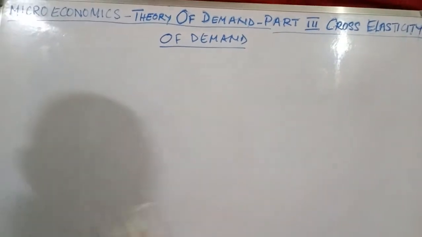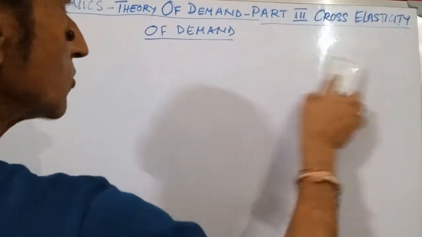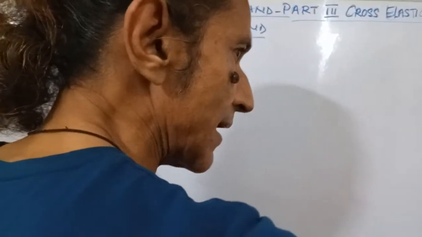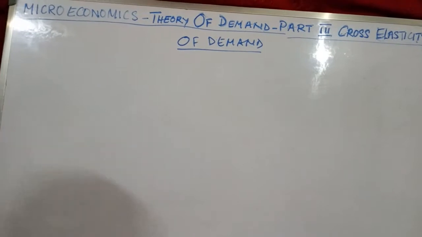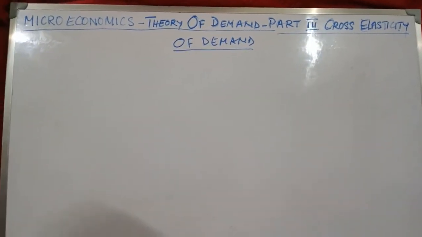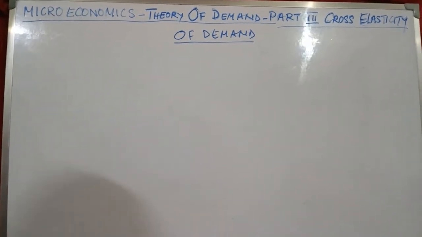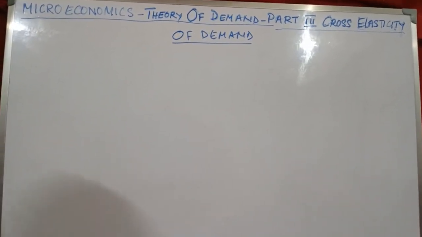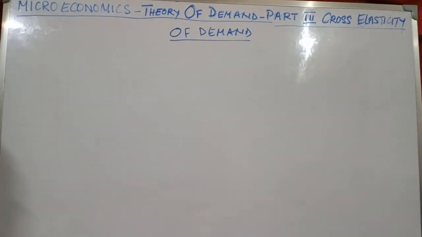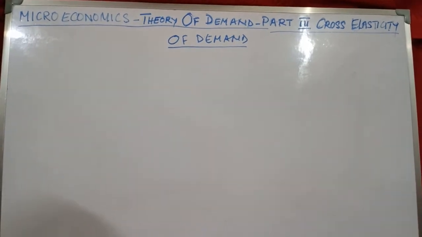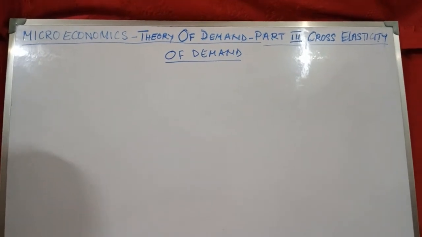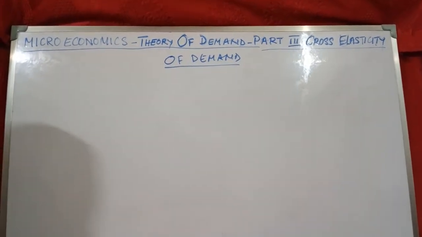In this video, I shall discuss what is cross elasticity of demand, how cross elasticity of demand is measured, and how the movement of the consumer takes place between two equilibrium points as regards price elasticity of demand, that is when price of the commodity changes, and as regards cross elasticity of demand, that is when price of another related commodity changes.